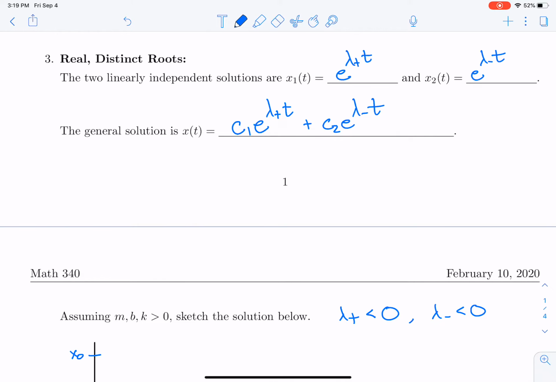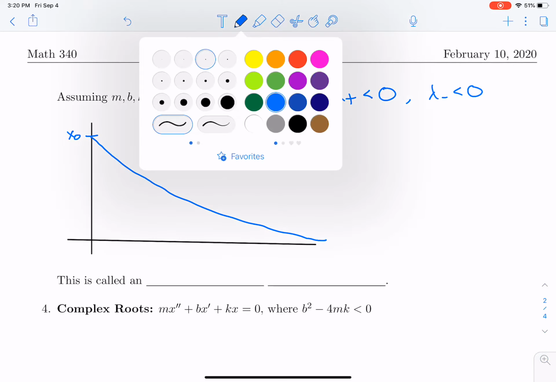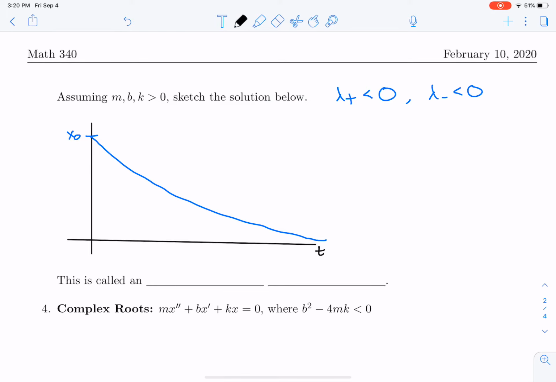So they both have exponential decay. And so I will have this slow exponential decay over time. So this is time, and that is the distance x.